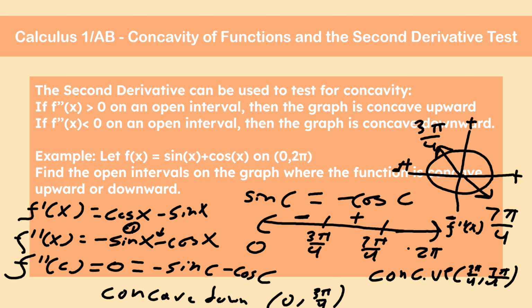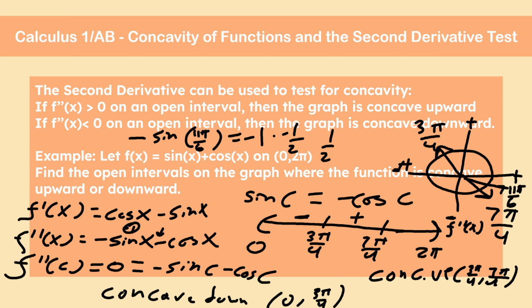Now we're going to test the last interval. I'm going to use 11 pi over 6, because that's just right before 2 pi, and it's bigger than 7 pi over 4. So plugging in 11 pi over 6, negative sine 11 pi over 6 will be -1 multiplied by -1/2, which makes this positive, so now we have 1/2.